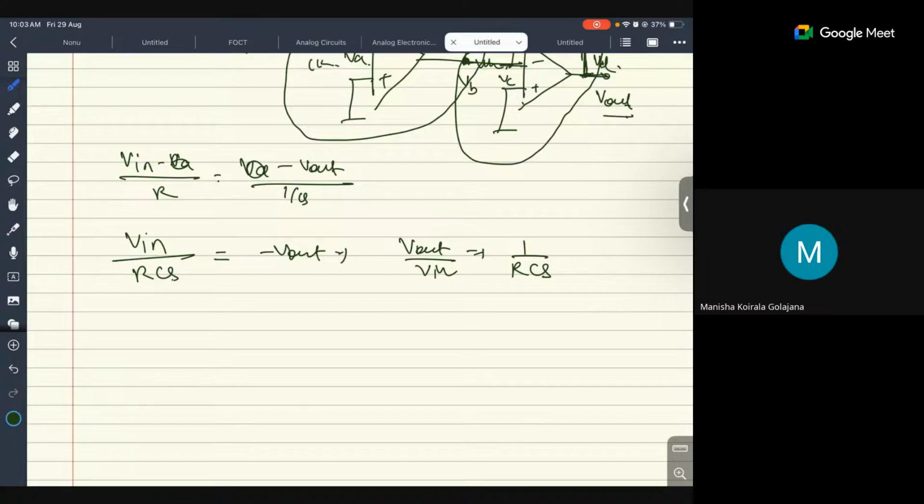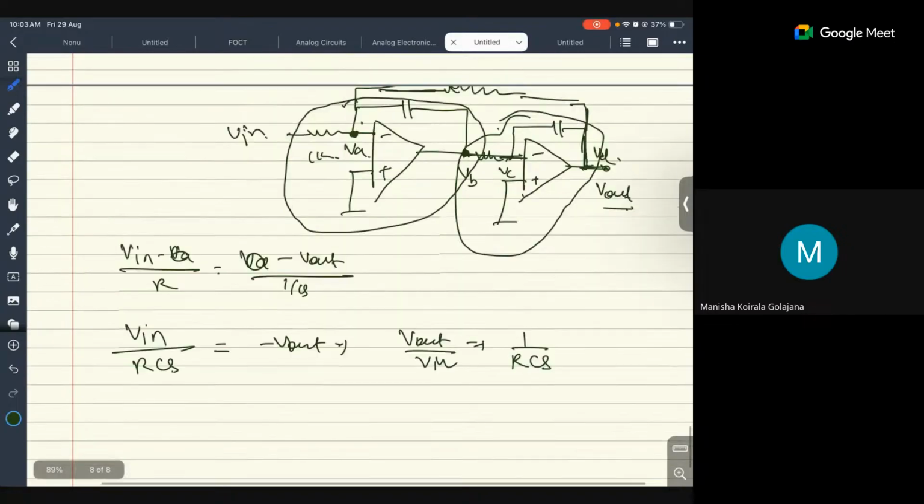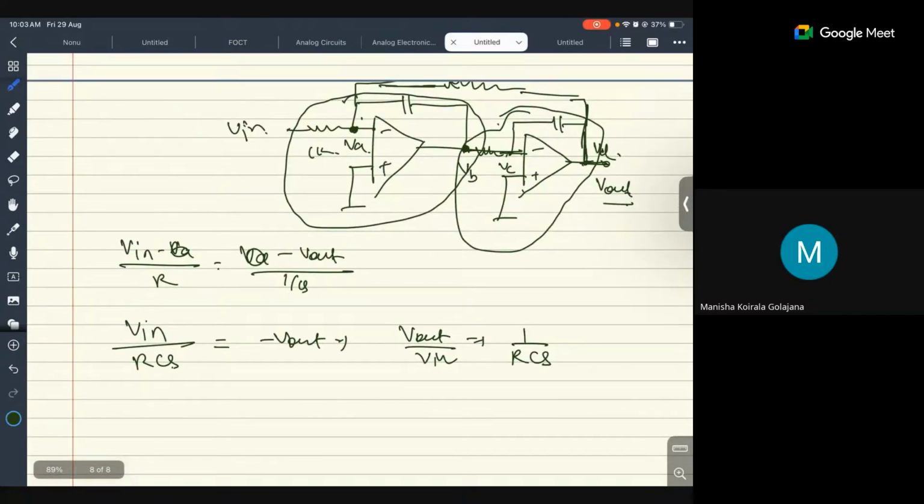Now we have two low pass filters. One filter is this one, one filter is this one, and both will be connected with this resistor.